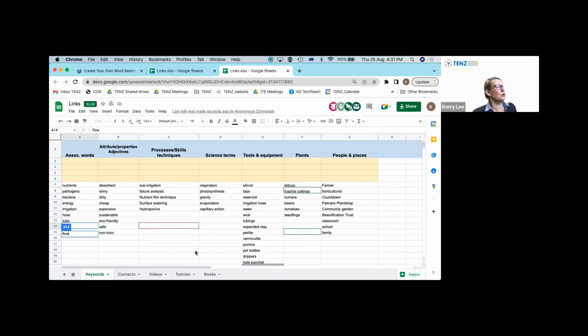So just choose a column and rejig the words so they're in a better order of easy to hard. I don't know if you're on your phones, it might be a little bit harder.